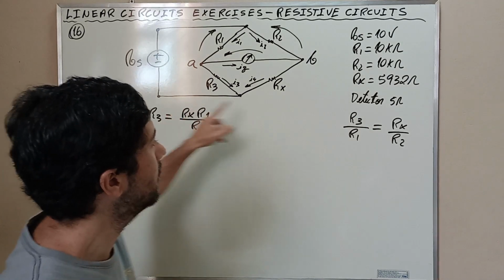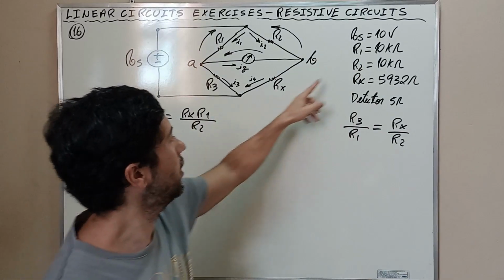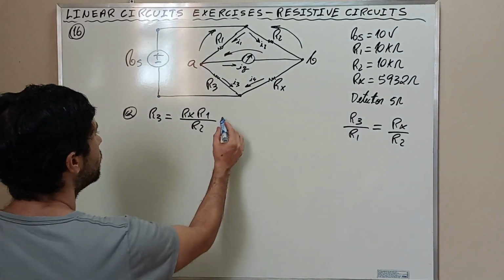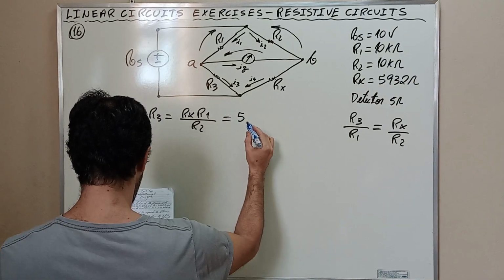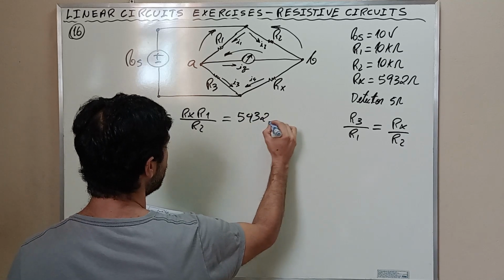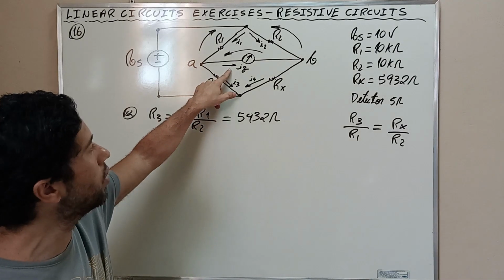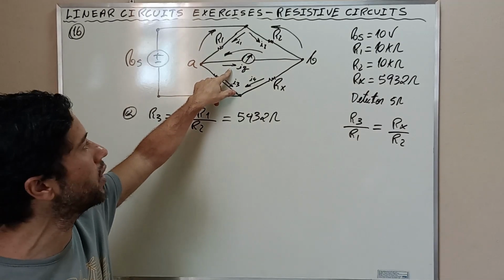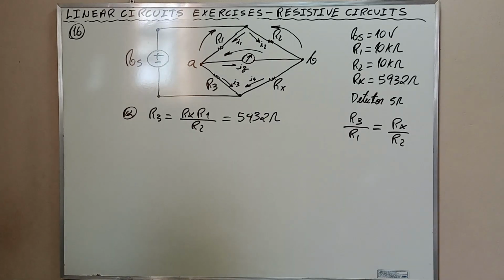Okay, Rx is this, R1 is this, and R2 is this, and when we use the values, we find that R3 is equal to 5,932 ohms. Okay, this is the value of R3 required to balance the bridge. And when the bridge is balanced, there is no current flowing through the central branch. Okay, my friends, this is the result of exercise of letter A.